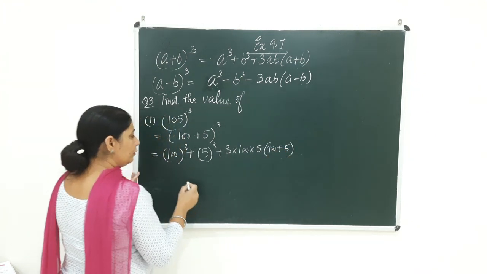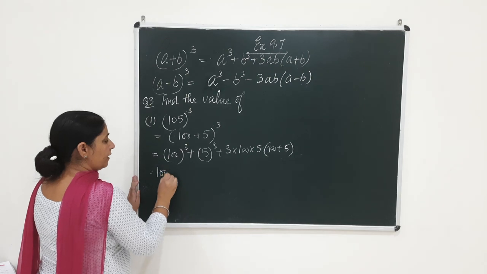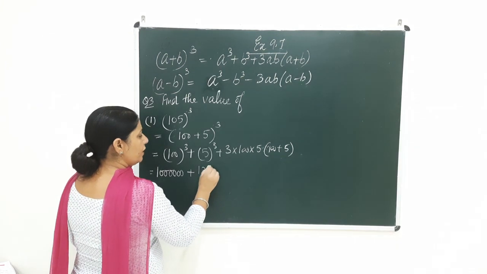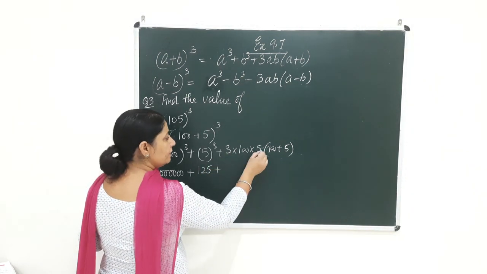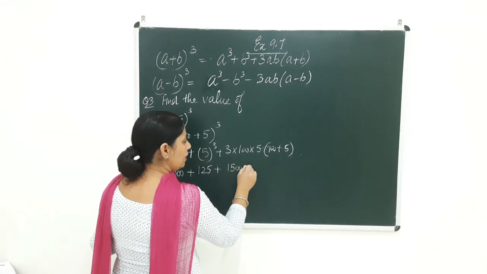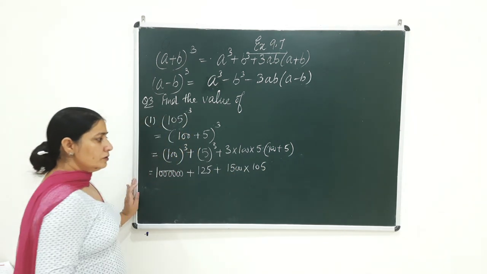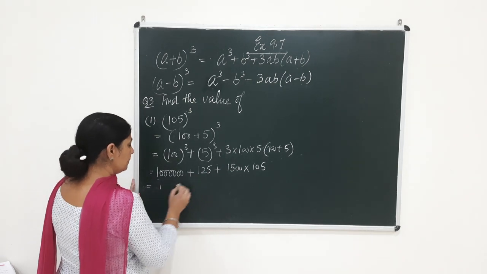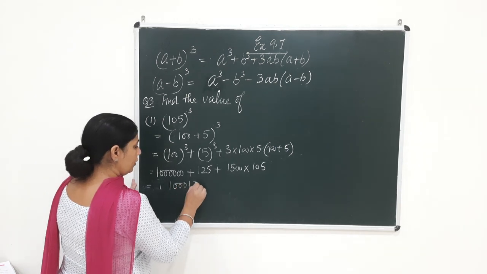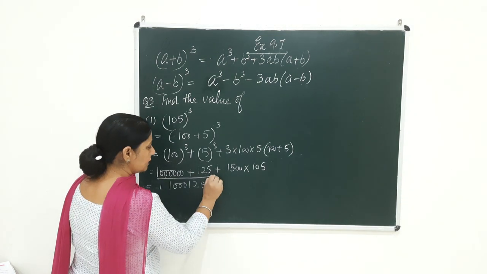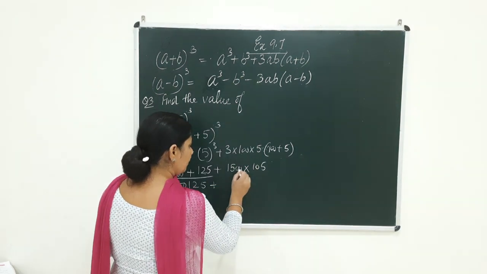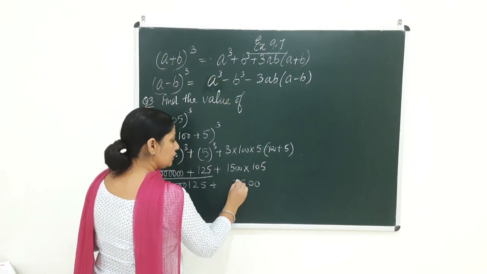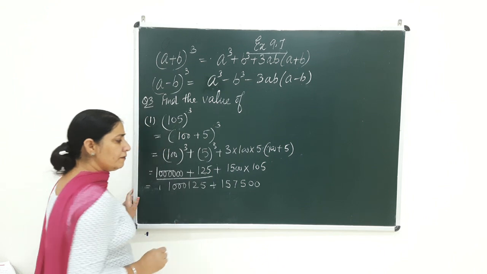Now we have to do the calculation. 100 the cube. So you will have 6 zeros, plus 5 the cube which is equal to 125, plus 3 fives are 15 into 100 which is equal to 1500, and this becomes 105. Okay, and beta, if we add the first two terms, we have 1000125. The sum of the first two terms has come. Plus, multiply these, beta, put double zeros behind: 15 fives are 75, 7 carry, 15 0 0, 7 15 ones are 15, 157500.